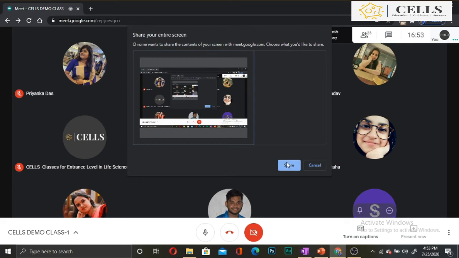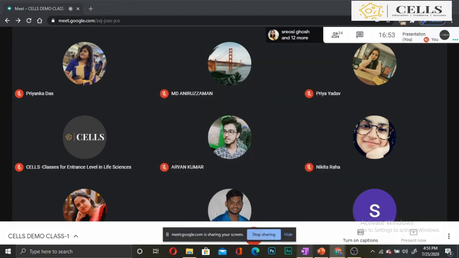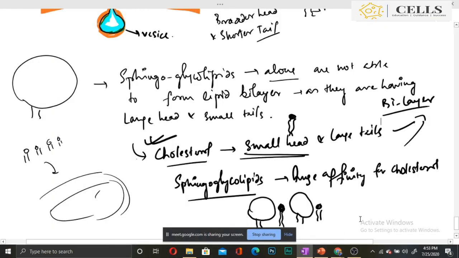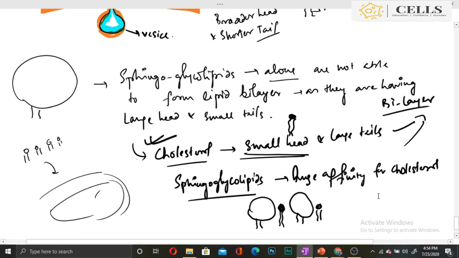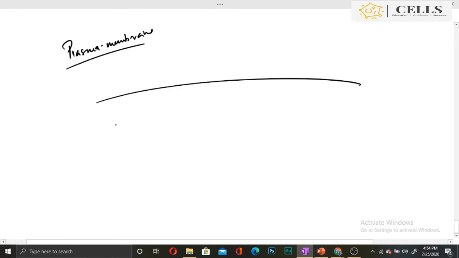Now, see these things. So we have completed what? We have talked about these glycolipids, sphingoglycolipids as well as the cholesterol. Now I'm just revising it very clearly. We have talked that the plasma membrane, I have drawn it like this.